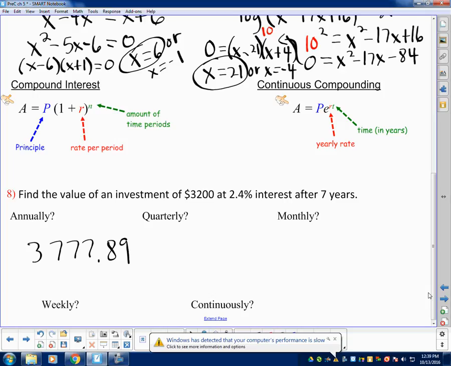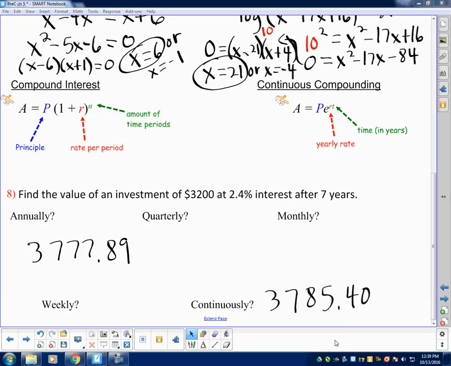Any other guesses out there? Okay, here's what it ends up being: $3,785.40. So, how much more is that? $10. Yes, $8. So, guys, here's the moral of the story.